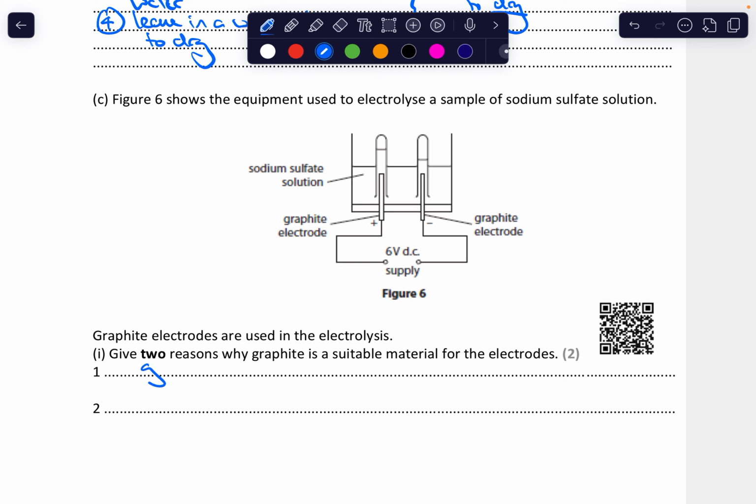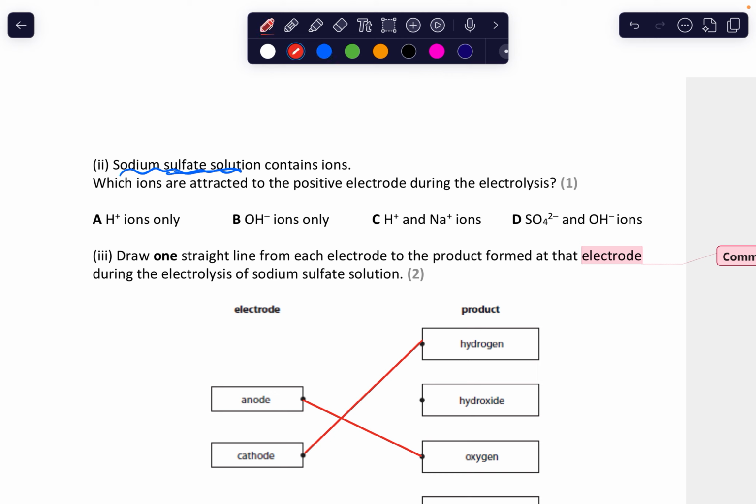Okay, next little bit. Sodium sulfate contains ions. Which ions are attracted to the positive electrode during electrolysis? Let's have a quick look at this. Sodium sulfate solution. Because it's sodium sulfate, we will get sodium ions and sulfate ions.